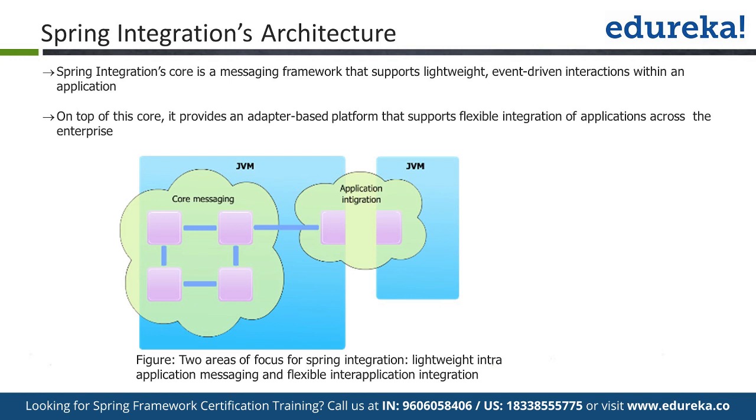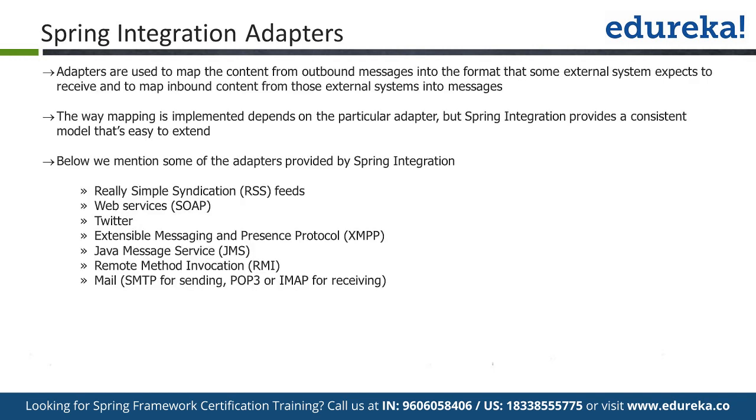The internal architecture of the Spring integration API looks like this, with the core developed in the form of messaging. Spring integration adapters, which we're talking about. Adapters are used to map the content from outbound messages into the format that some external system expects to receive, and to map inbound content from those external systems into messages.